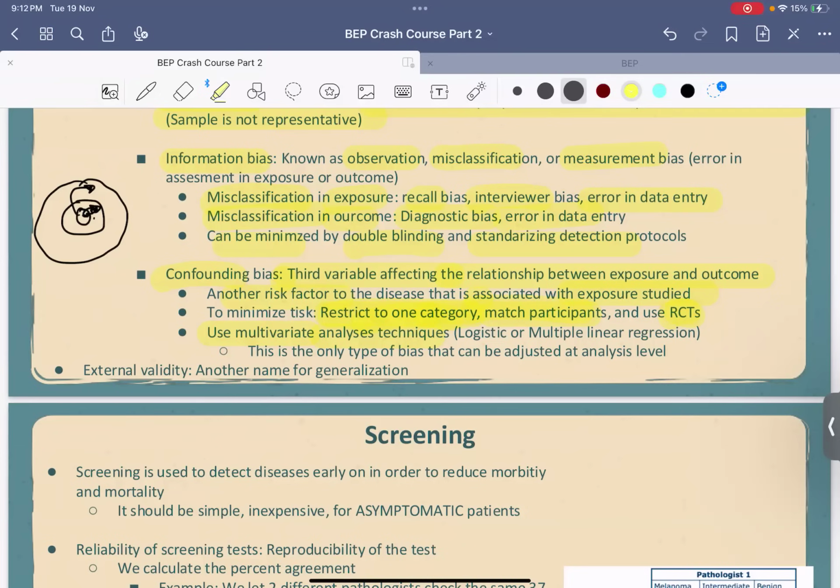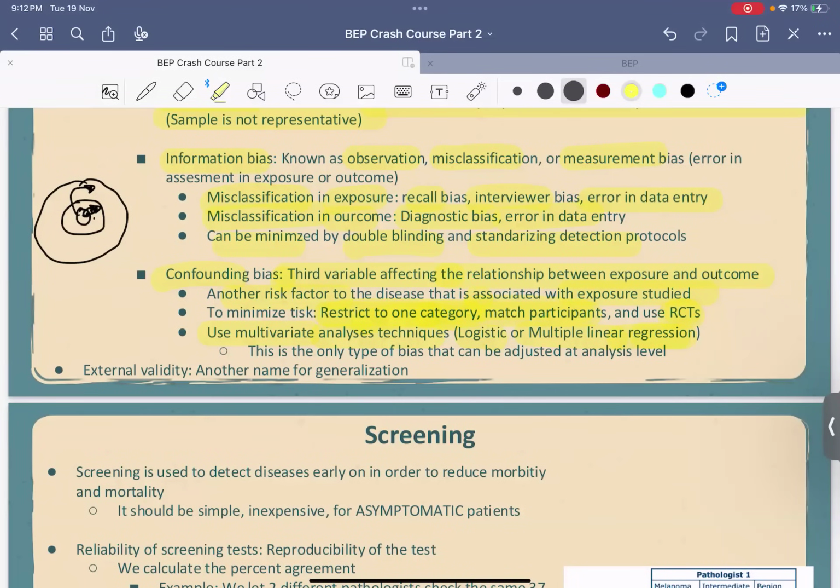The only bias that I can correct after it already happened is confounding bias. I have something called multivariate analysis techniques, which account for confounding biases. And so they correct them while analyzing. You don't need to know how. And these are either logistic or multiple linear regression. So regression is the main word, regression tests, a technique in which they eliminate the confounding bias after it already happened.